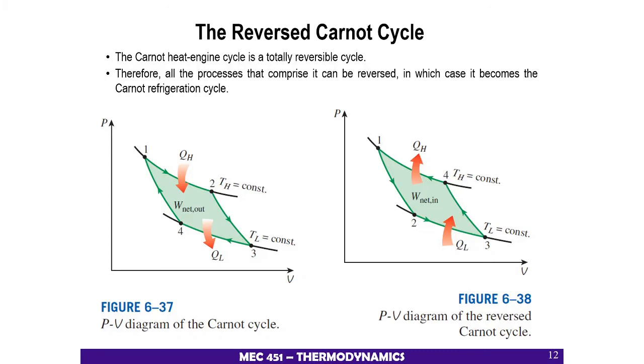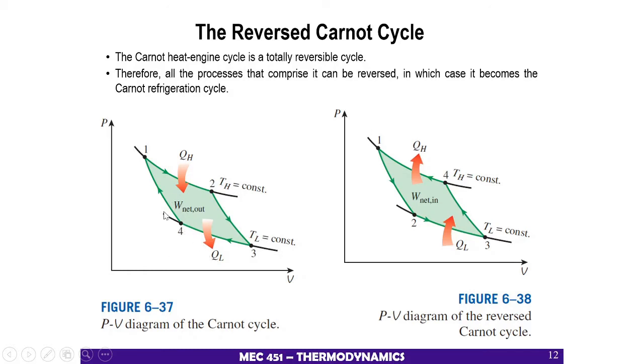If we consider the PV diagram, this is the normal Carnot cycle. Process 1 to 2, heat is injected. 2 to 3, expansion from higher pressure to lower pressure. 3 to 4, heat is rejected.